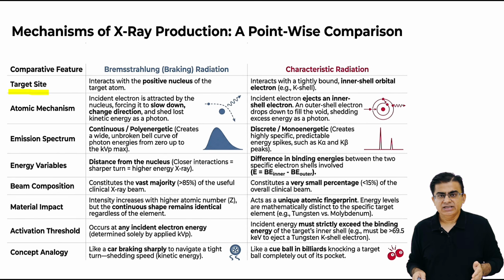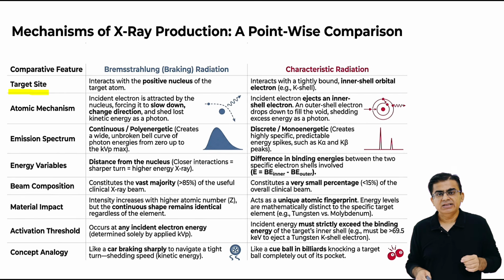For Bremsstrahlung radiation, the incoming electron interacts directly with the heavy positive nucleus of the target atom. But for characteristic X-ray radiation, the incoming electron completely ignores the nucleus. Instead, it interacts directly with the tightly bound inner orbital electron.